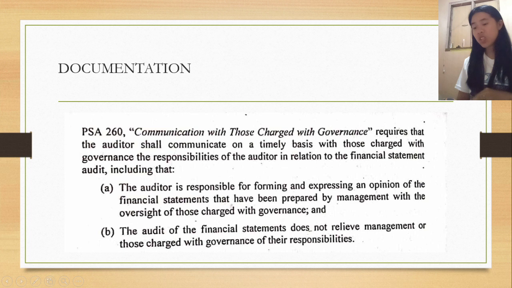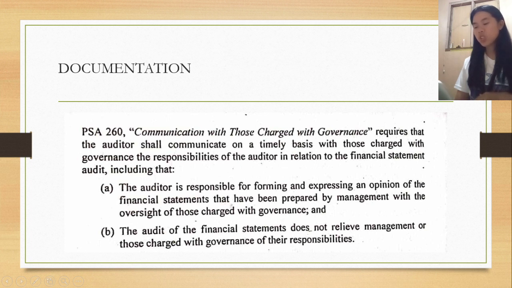And for the documentation, this is the final step in the evaluation process. It is to record all of the significant findings or issues in an engagement completion document. This document may include all the information necessary to understand the significant findings or issues, as well as cross references as appropriate to other available supporting audit documentation.